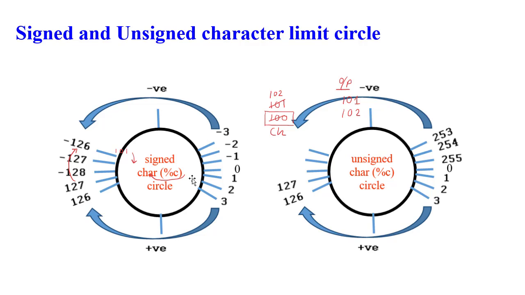The range of the signed character starts from 0, 1, 2, 3, ultimately 127. Next it will start from -128, -127, coming to -1, and again it will start from 0 like this. So this is the total circle for signed character type data. So the value of the character variable will follow this circle.